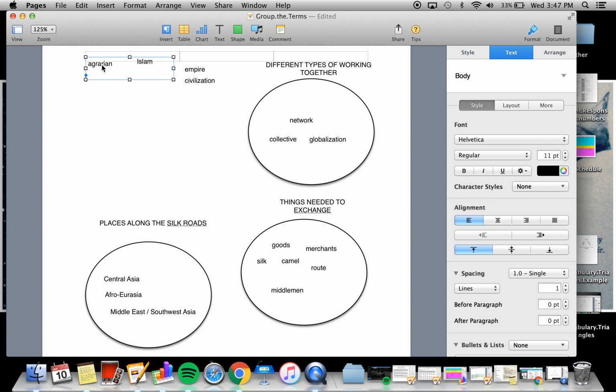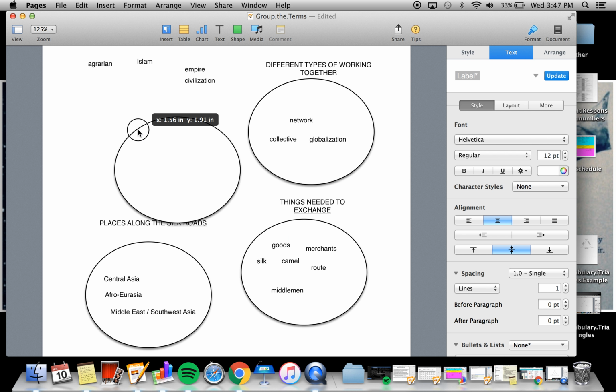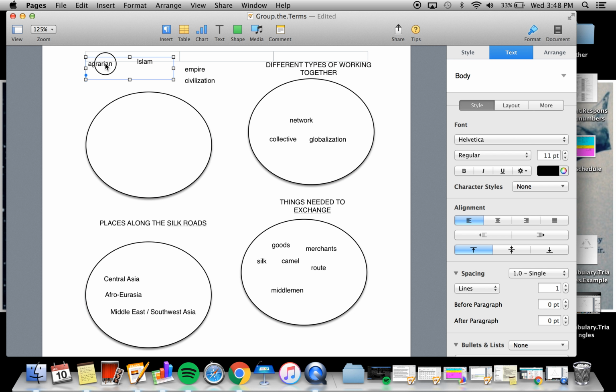Well, I guess agrarian civilizations were the first to trade, and then empires came together, and that made it easier to trade because everything was under one ruler, so trade was easier. So maybe I could title it How Trade Started. So I'm going to put those words here.